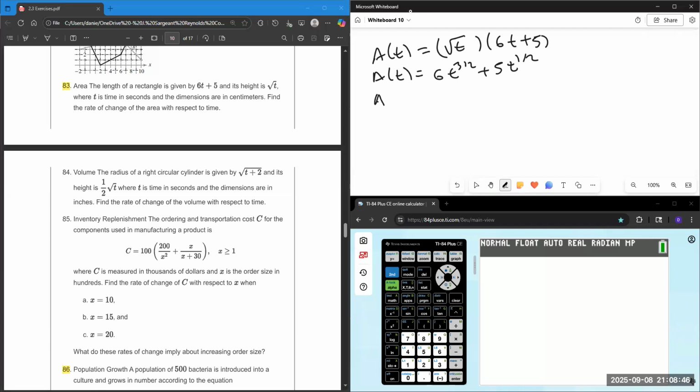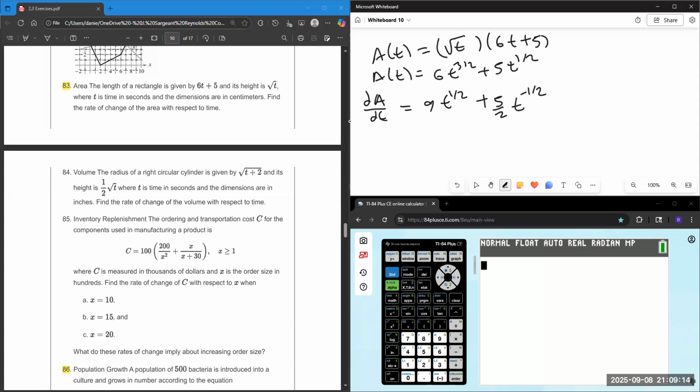And dA/dt, where A is measured in square centimeters and t is measured in seconds, will be 18 divided by 2 is 9, t to the 1/2 plus 5/2 t to the negative 1/2.